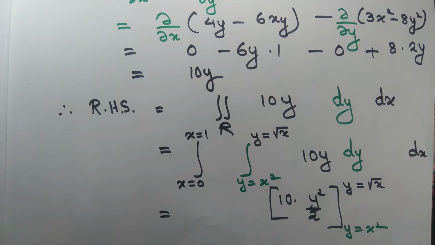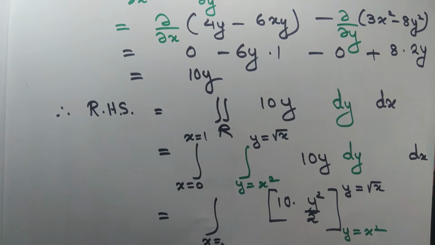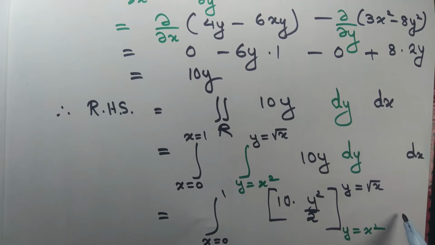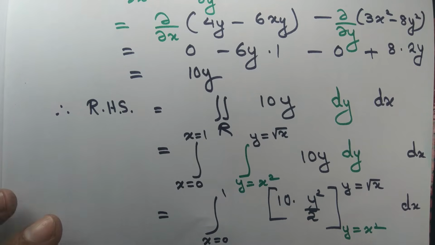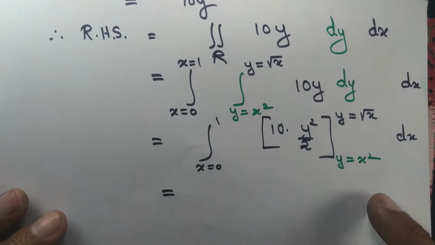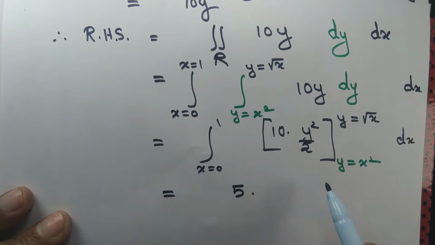Lastly, we have to integrate from x equal to 0 to x equal to 1. We can cancel 2 and 10, and so we have 5.